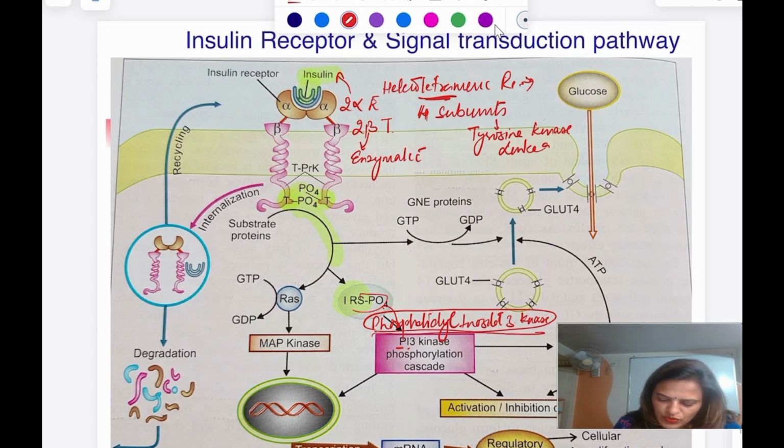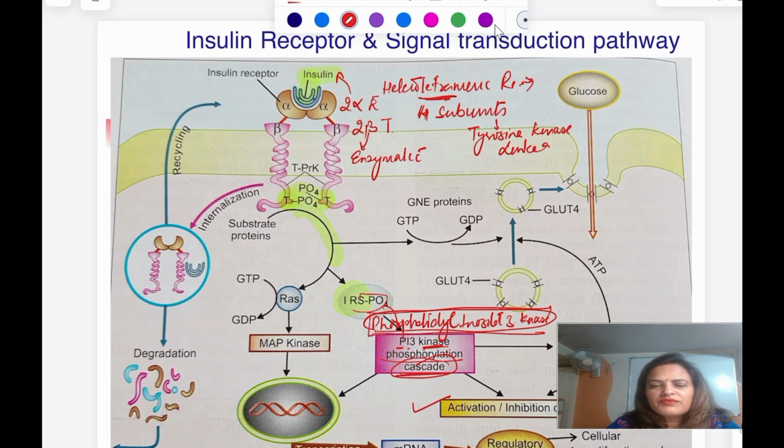This is going to start the cascade of phosphorylation and dephosphorylation of many enzymes. Once the word kinase comes, that means it is going to add phosphorylation. And the most important thing is that it is going to cause the activation and inhibition of the enzyme.